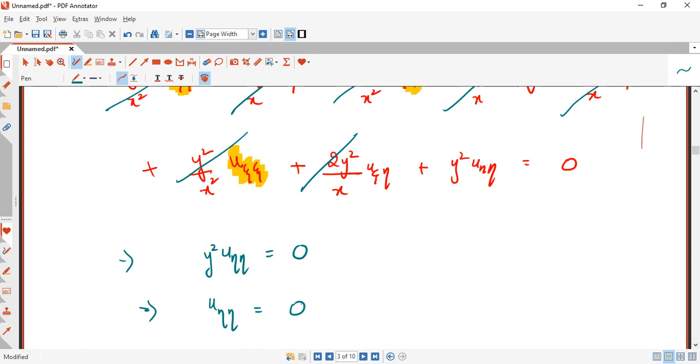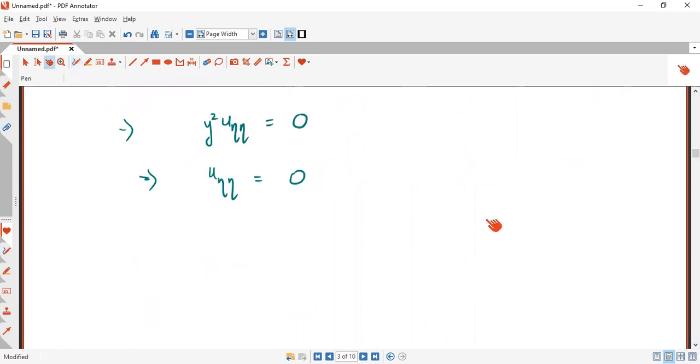Now the question is asking to find a general solution. So what you are going to do is solve for the value of u in terms of x and y. Here this is the double differentiation of u with respect to ξ and η. You're going to integrate it with respect to η. I know it is like an antiderivative.